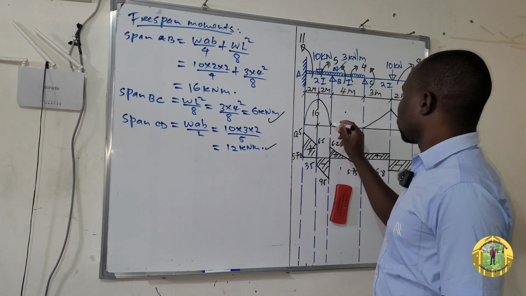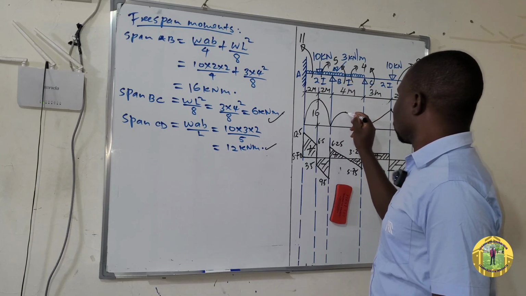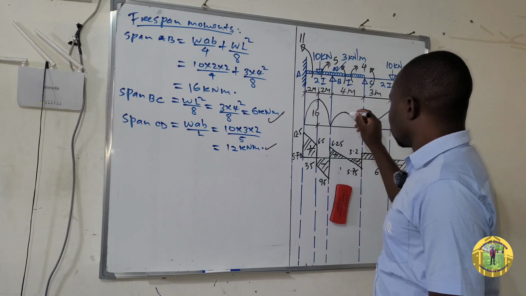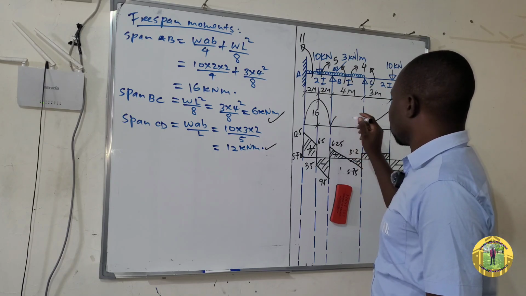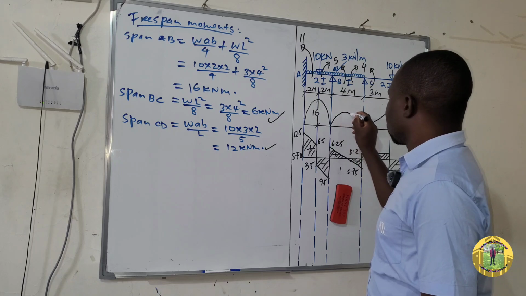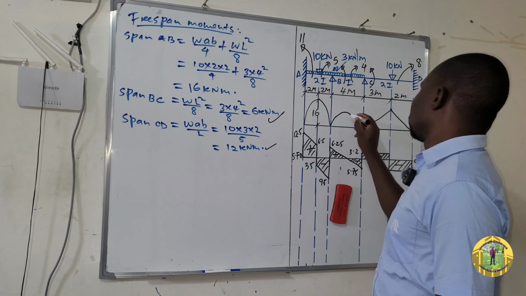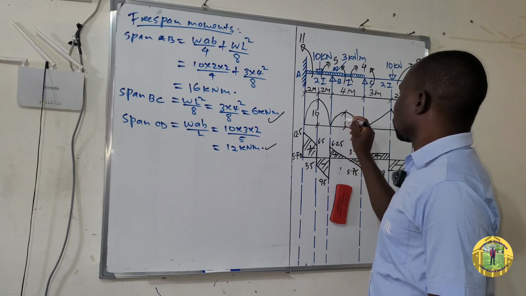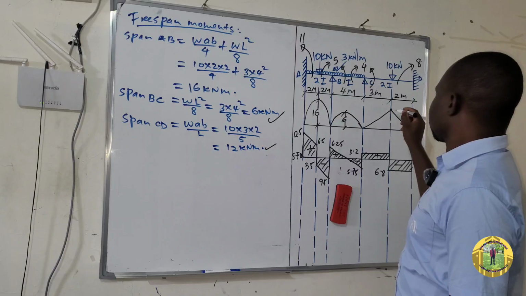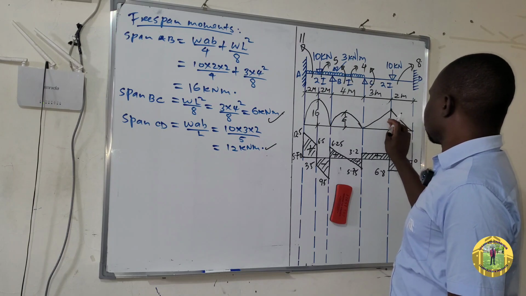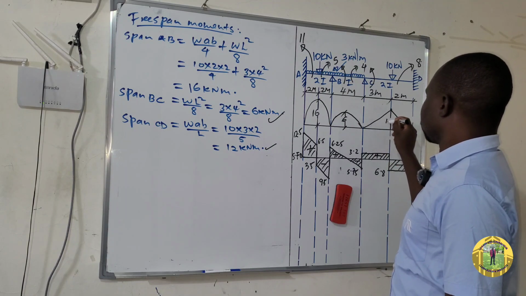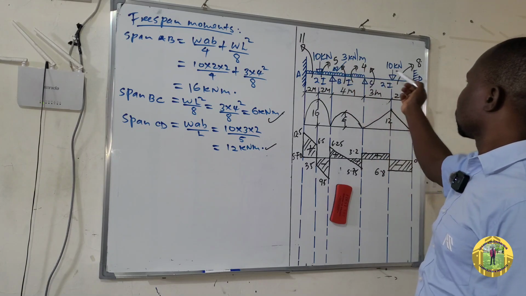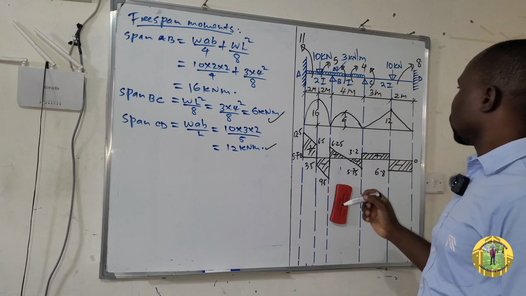This one will be a curve. So this one is 6, and here is 12.